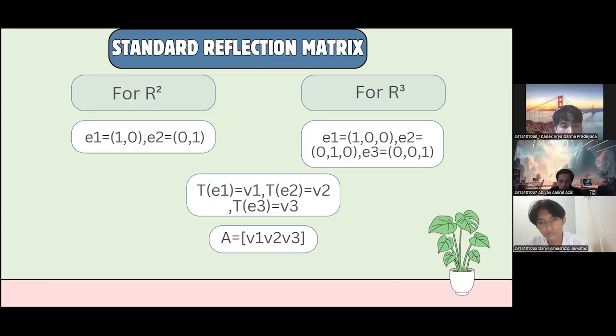As we can see, the results become the standard matrix columns: T(A1) equals V1, T(A2) equals V2, and T(A3) equals V3. Then the standard matrix is A equals [V1, V2, V3].